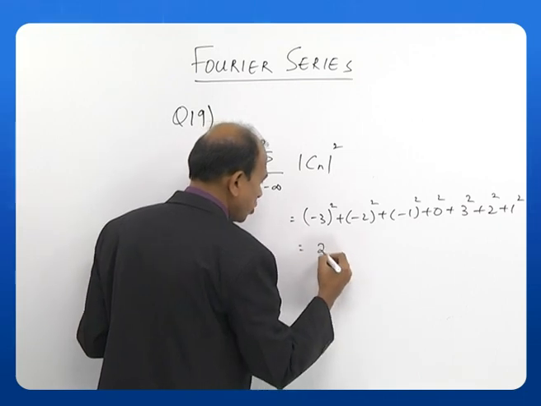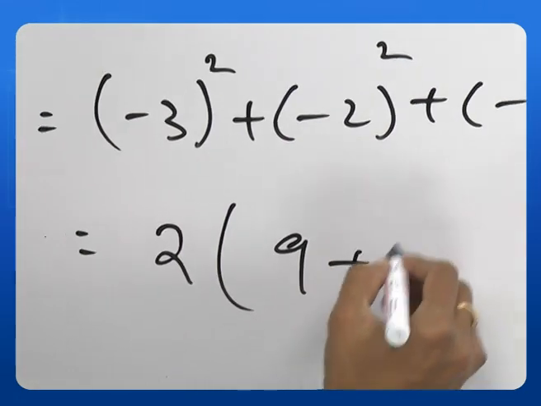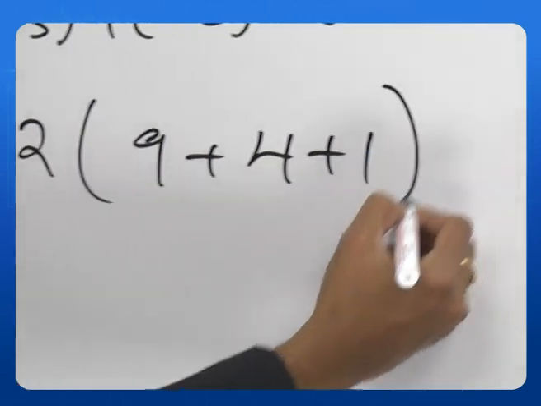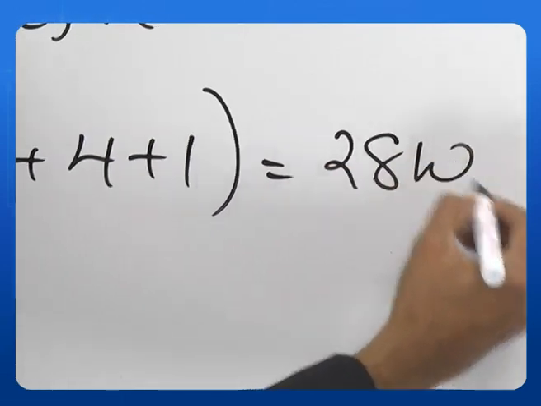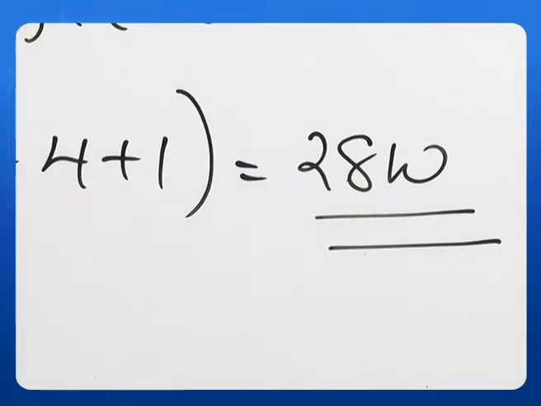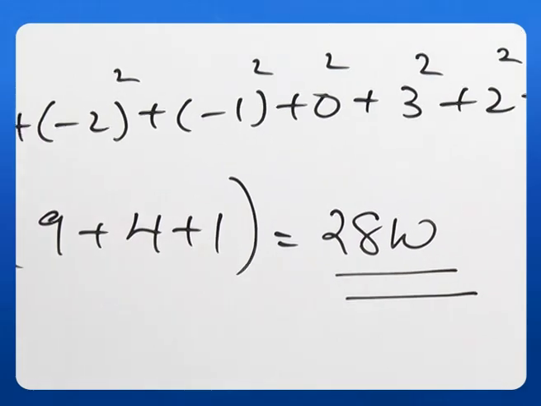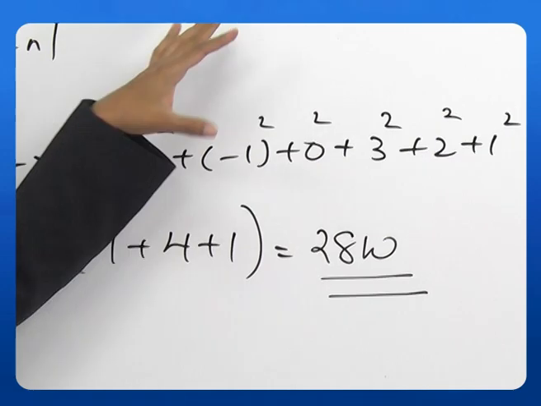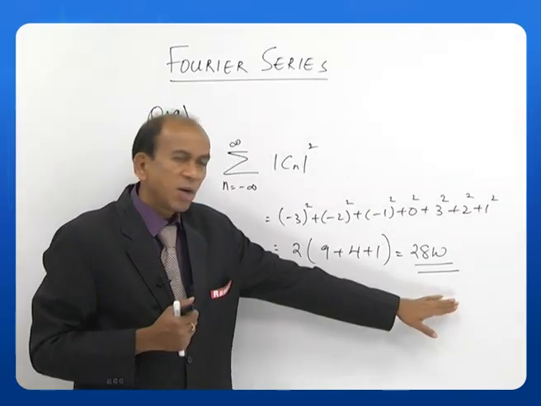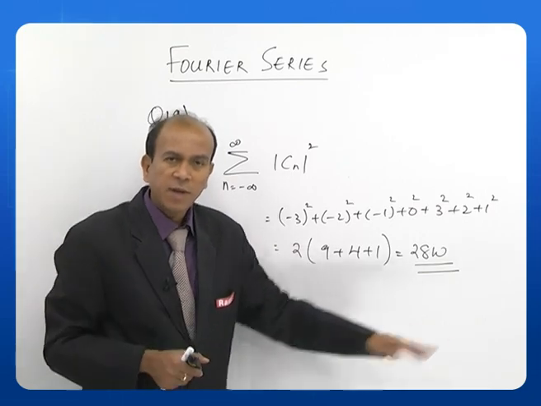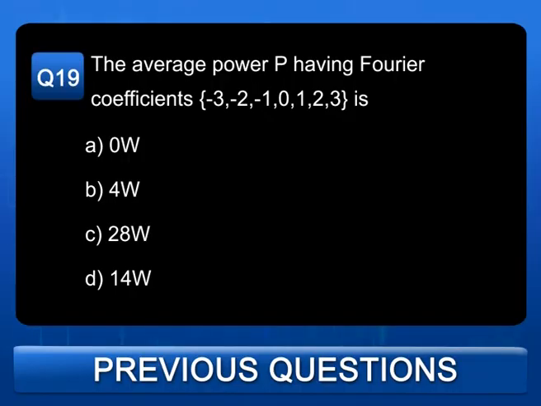So, I can write this as 2 into 9 plus 4 plus 1, which is equal to 28. So, the total power for the given Fourier coefficients, the sum of the squares, is 28 watts. If you look at the choices given, it happens to be the answer C. This is how we have to calculate the average power.